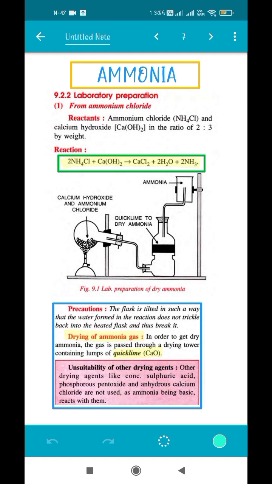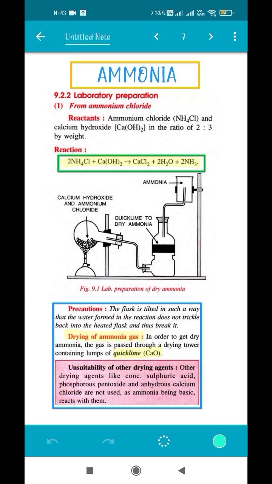The ammonia gas is coming through this pipe and it is moving into this drying jar. This ammonia might consist of small amounts of water vapor that is removed by using quicklime, or calcium oxide. Very important: in each and every compound which we will study now, we have to remember what is used and why it is used.